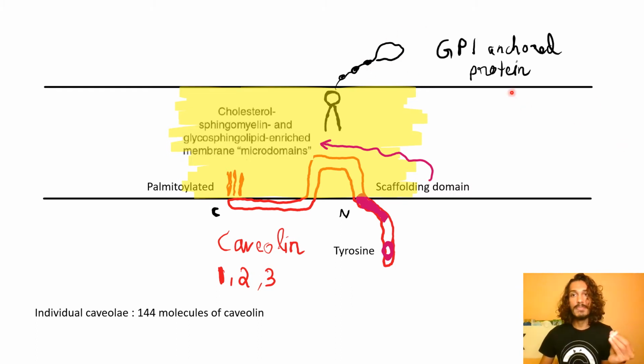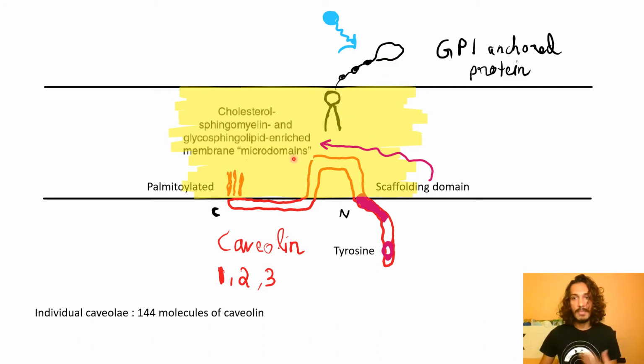So that is your GPI anchored protein, a glycosylated phosphoinositol anchored protein. Okay, so this is your whole caveolar structure, and this is important for signaling. Activation of this will help in signaling.